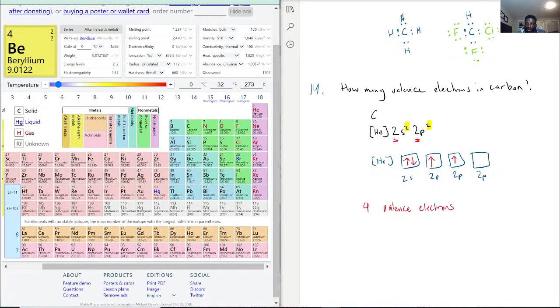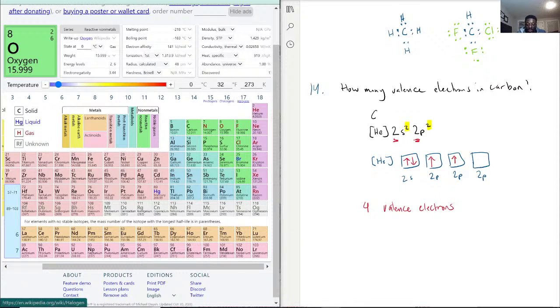Luckily for us, it is 13, right? So think of it as just subtracting the 10. 13 has 3 valence electrons. 14 has 4 valence electrons. 15 has 5 valence electrons. 16 has 6 valence electrons. 17 has 7 valence electrons. And 18 has 8 valence electrons. So considering that carbon is on the 14th column, it would also have 4 valence electrons.